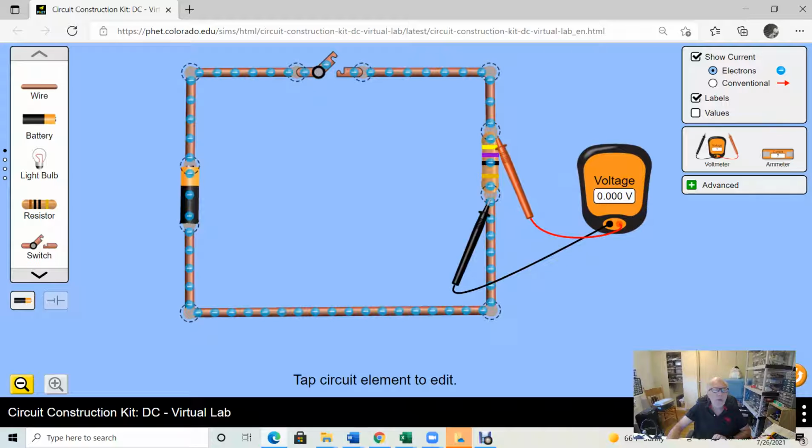Because the circuit is open and the battery still is set at 0 volts, there is no drop in voltage whatsoever. There is no drop in what? In energy. That's what this voltage is all about. There is no energy being furnished because the circuit is open, and because there is no energy being furnished, there is no loss in energy across the resistor. That's how you should interpret that.